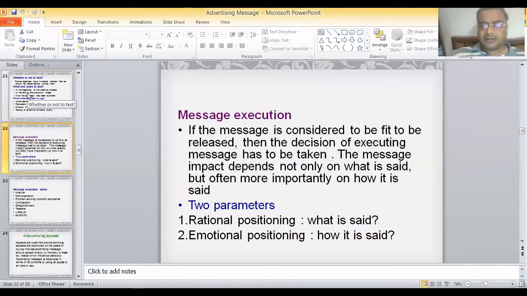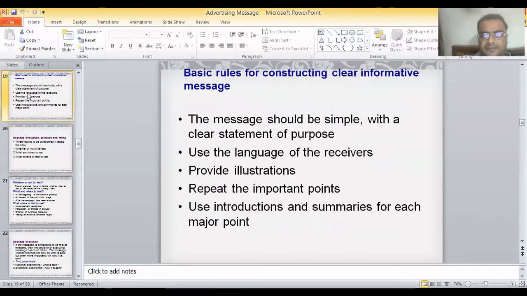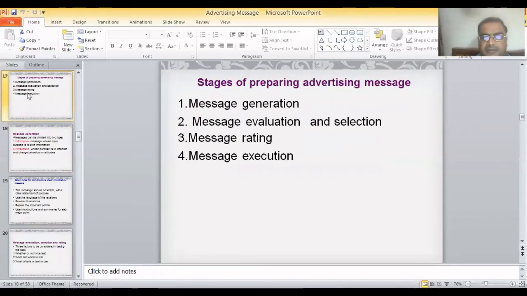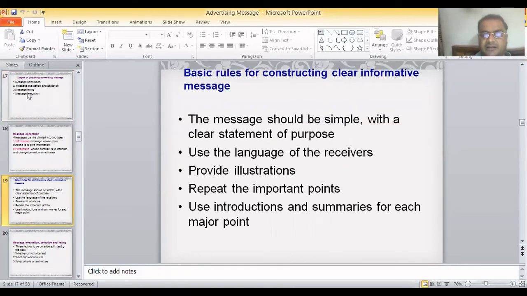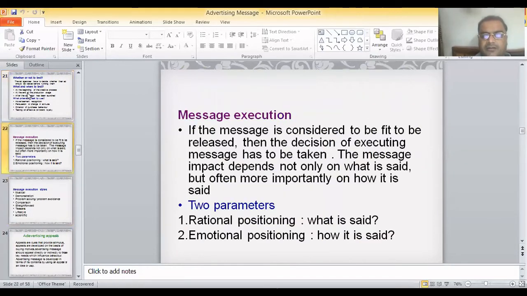Now coming back to the point. We had looked at message generation, message evaluation and selection, and now we are at message execution.